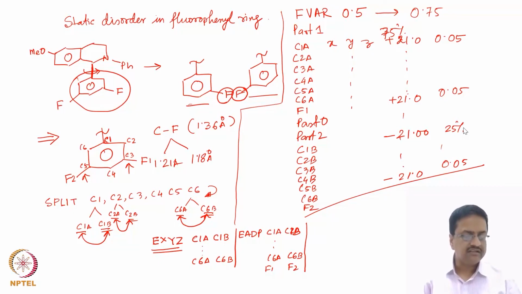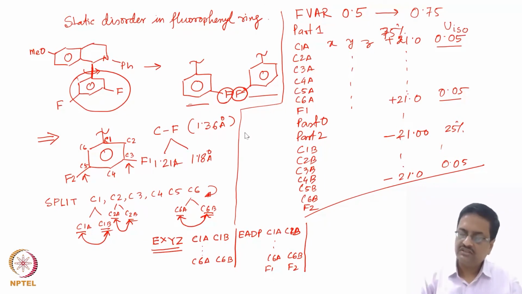After a refinement of 10 to 20 cycles, this FVAR is refined and converges to a number, and once that has converged, one should try to do the anisotropic refinement on the thermal parameter, which initially we took as U iso.